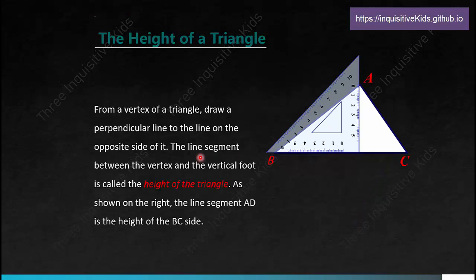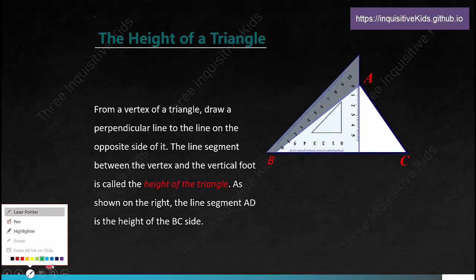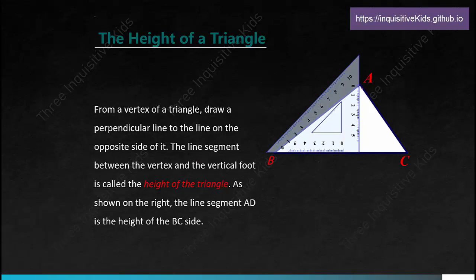So now let's learn about the height of a triangle. From a vertex of a triangle, draw a perpendicular line to the line on the opposite side of it. For this example, this is the vertex we choose, vertex A. From it, we are going to draw a perpendicular line to the opposite side, BC.